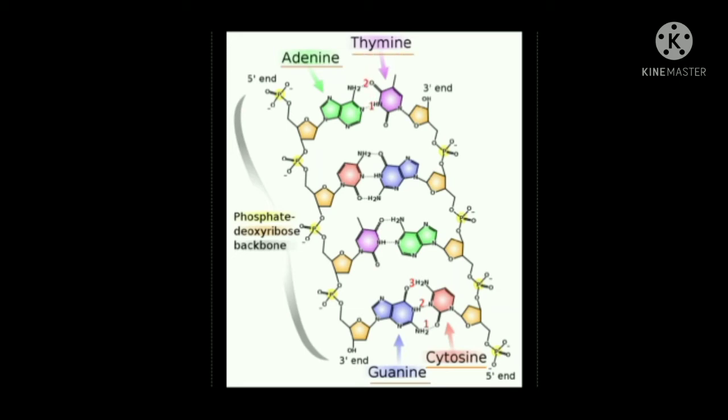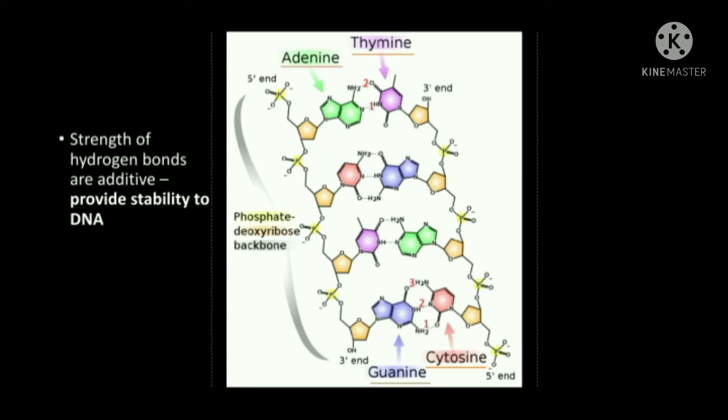Thus, this bond is slightly weaker and longer than the other one. The individual hydrogen bonds are weak and easily broken, but the strength of the hydrogen bonds is additive. So, in DNA, a large number of hydrogen bonds hold the strands together and make it a stable structure. Thus, the DNA becomes stable.